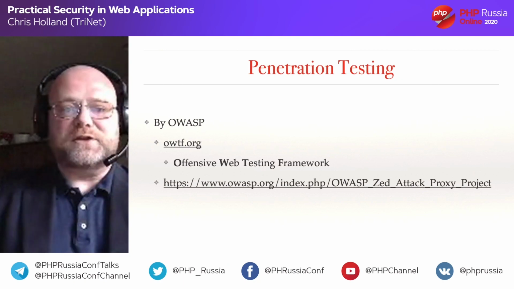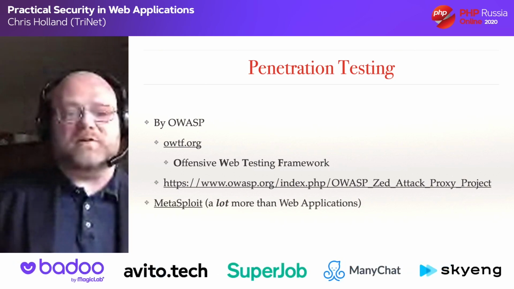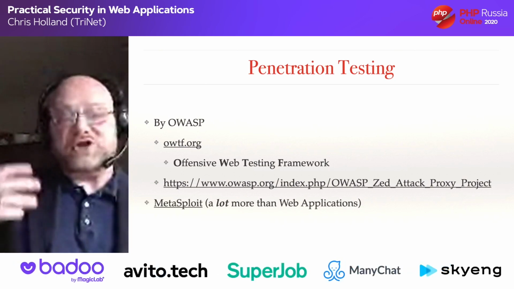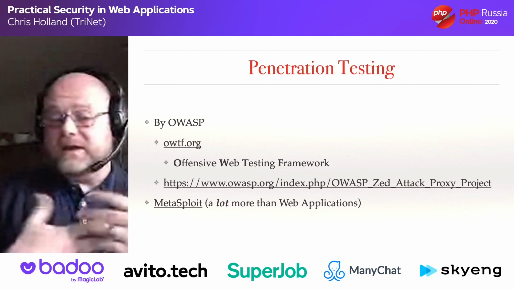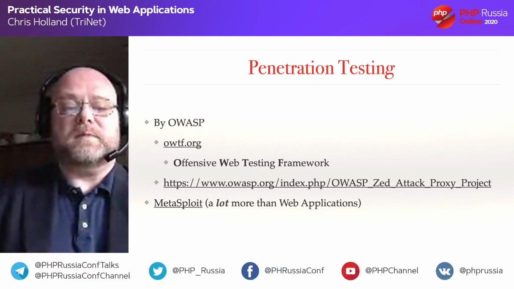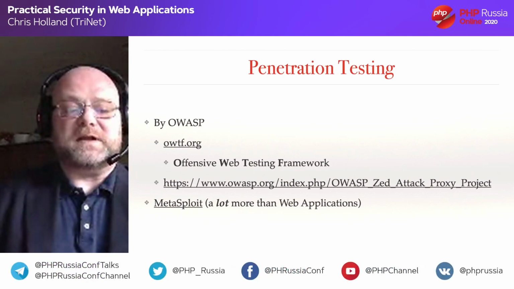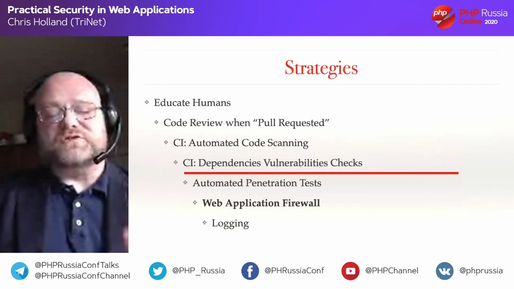So these are fine tools. There's one that's famous, obviously, Metasploit, which has been around for a long time. It can test a lot more than web applications, but it does have a very comprehensive suite of testing for web applications.